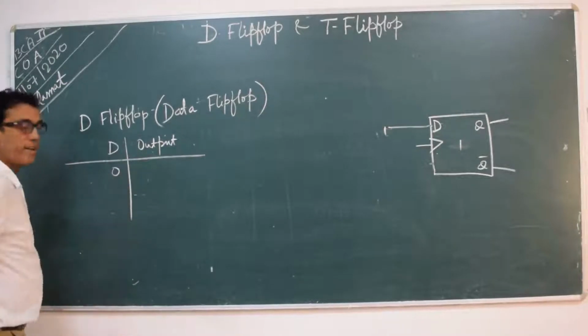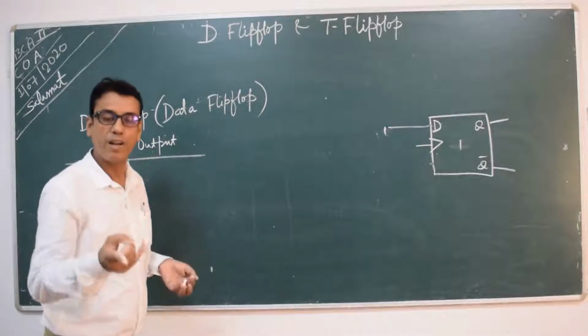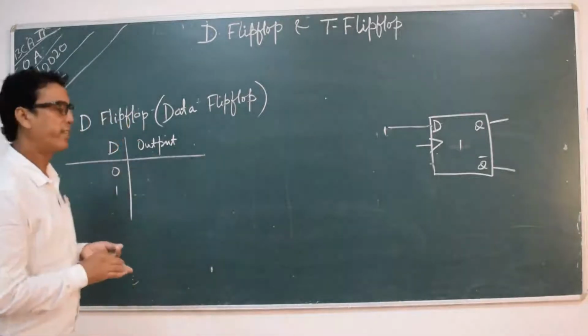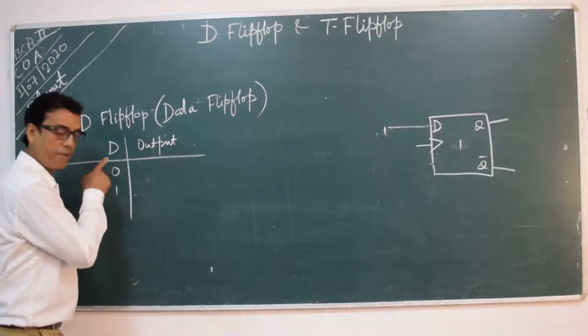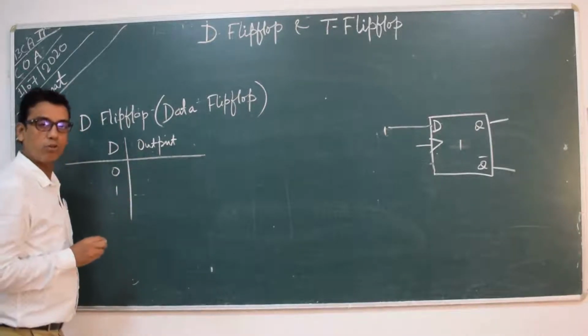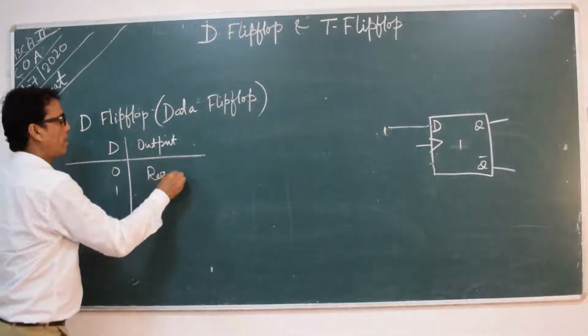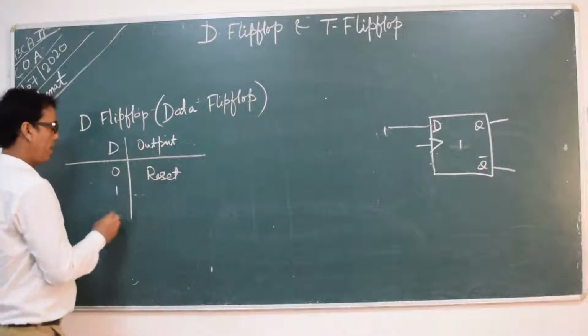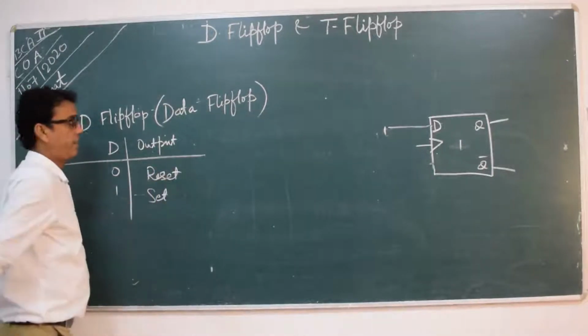Either you can enter 0 or 1. If any circuit has only one input line, then the possible data input is either 0 or 1. If we provide 0 to the data flip-flop, then this is known as reset state, and if you pass 1, then it is known as set state.